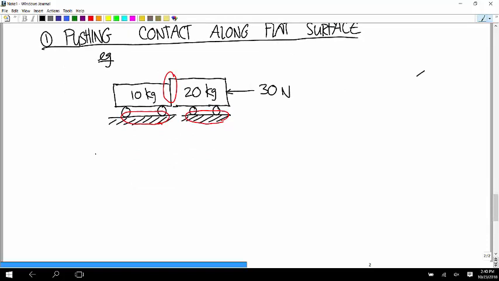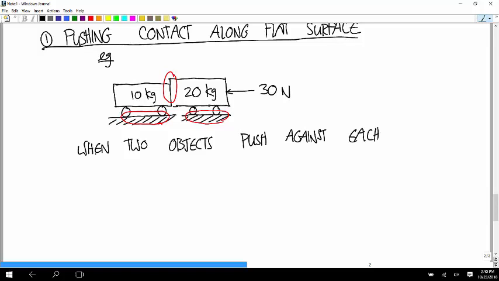Okay, so when two objects push against each other, the contact force is always perpendicular to the boundary between them.